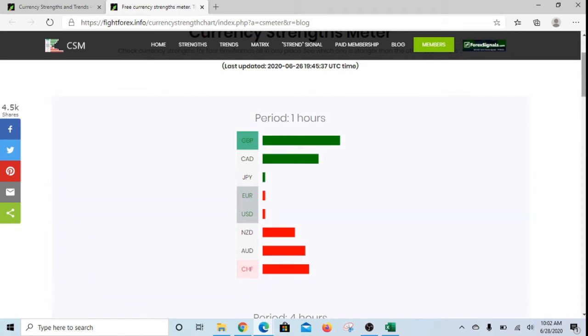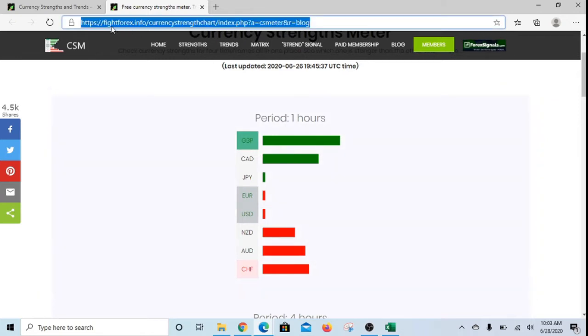Okay, all right. So first of all, let's introduce our free currency strengths meter. This is the URL, fightforex.info currency strength chart, and once you come to the website, you can easily go to the strengths and come to this meter.